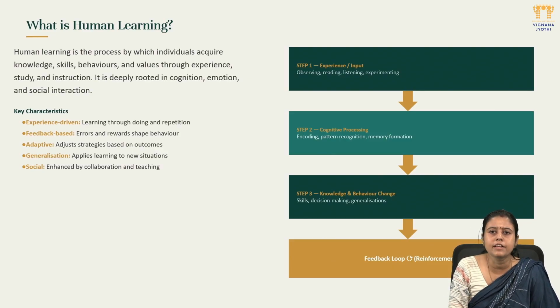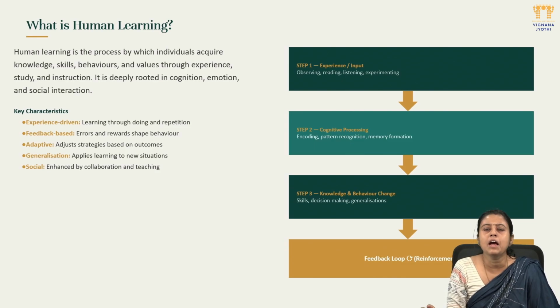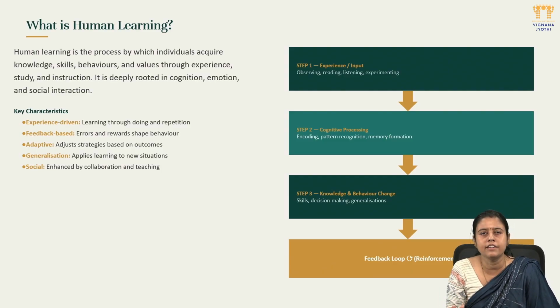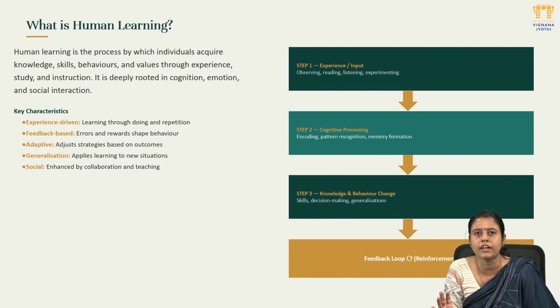When there is a baby, he learns everything by observing the environment. Then he listens to the words and learns the words. After that he starts reading and experiencing the environment, the emotions, everything. This is the learning stage. After this comes cognitive processing. What is cognitive processing? He encodes whatever he learns, and from the encoding he understands the pattern, and after that it is stored in the memory of the kid.